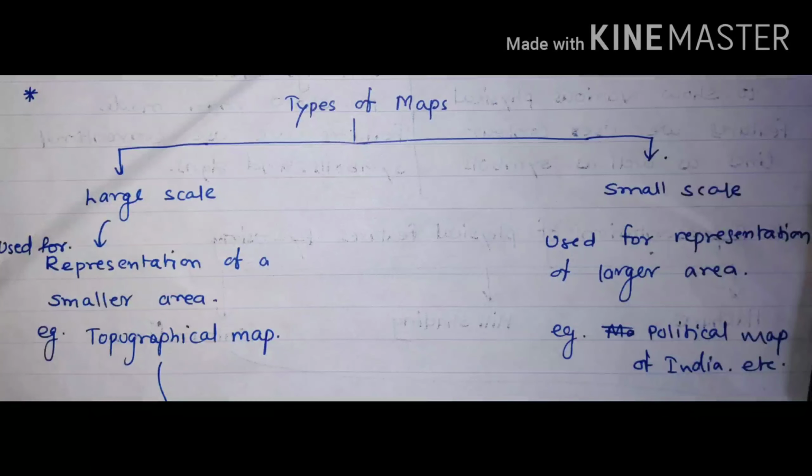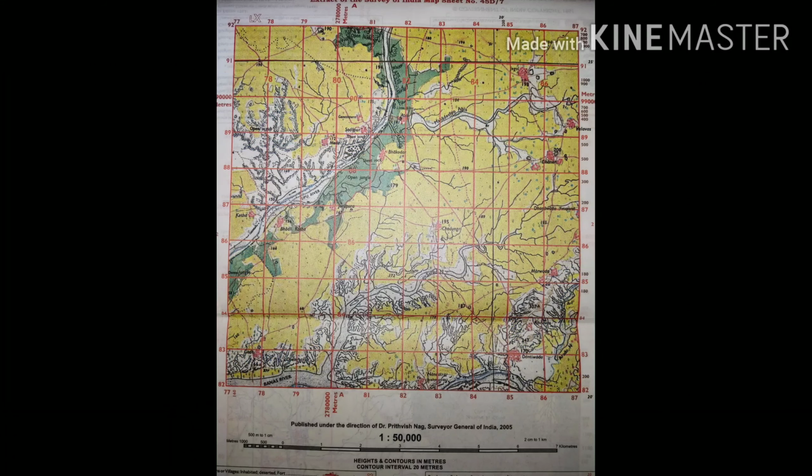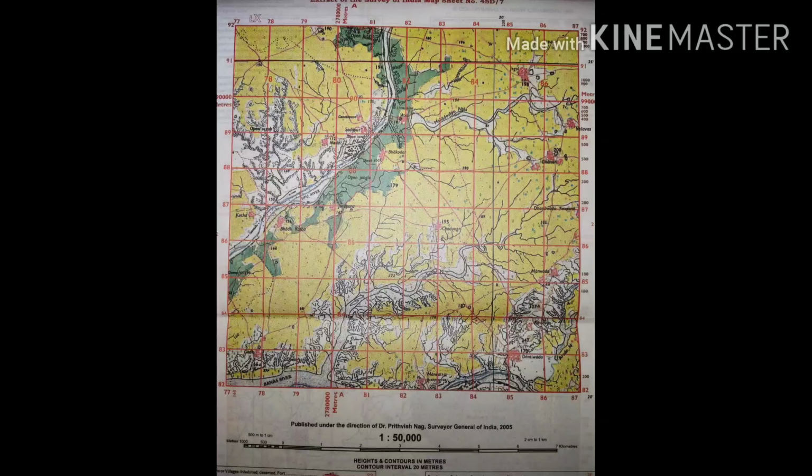Maps are broadly classified into two types: large-scale maps and small-scale maps. Large-scale maps are used for representation of a smaller area, and obviously small-scale maps are used for representing a larger area on a very small piece of paper. The example of a large-scale map is a topographical map, a sample of which I am showing on the screen.